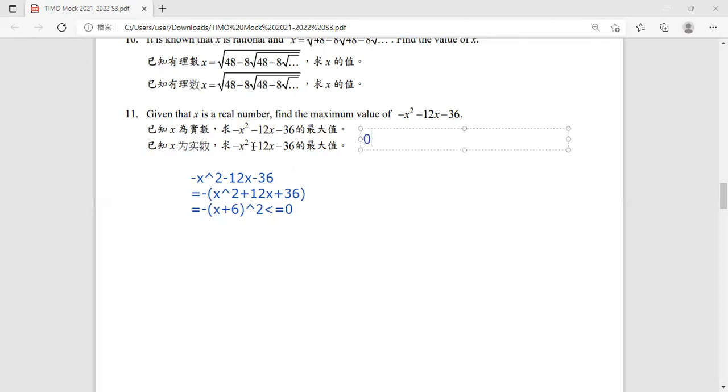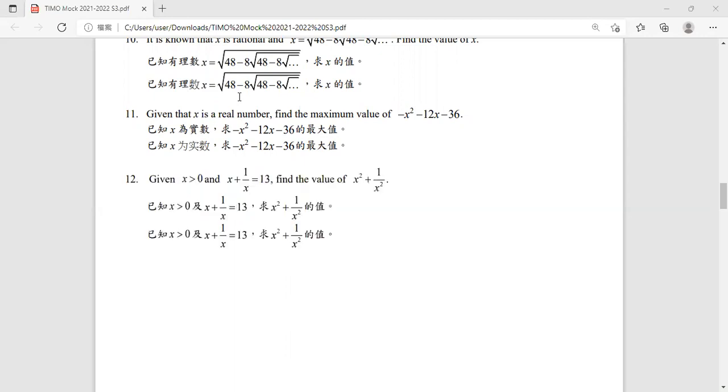Finish. Nothing special. You use the identities to make that one.